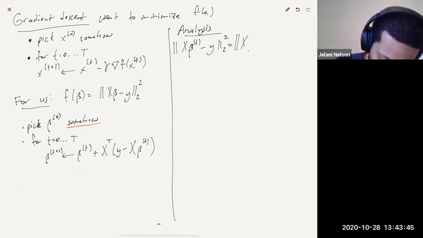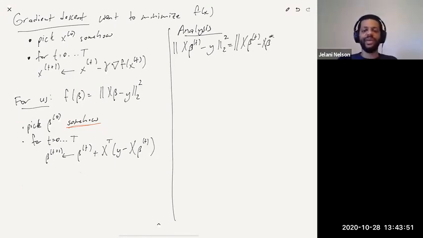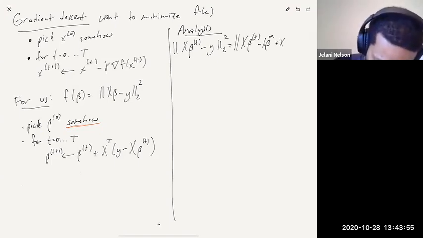So this is equal to the norm squared of X beta t minus X beta star, plus X beta star minus Y. Remember, beta star is actually beta LS, just the optimal solution of the least squares problem.